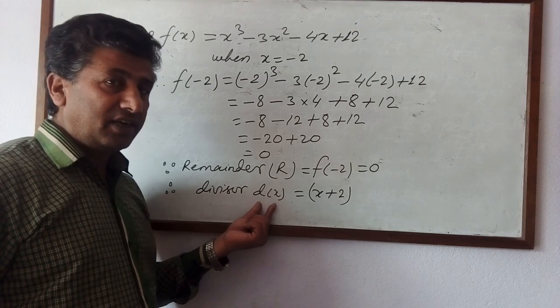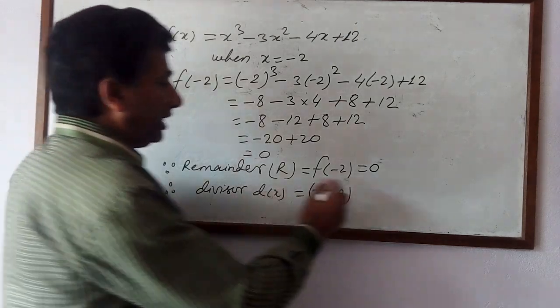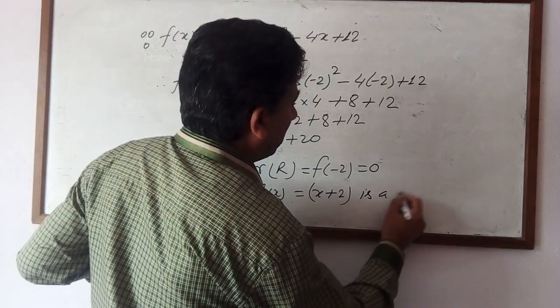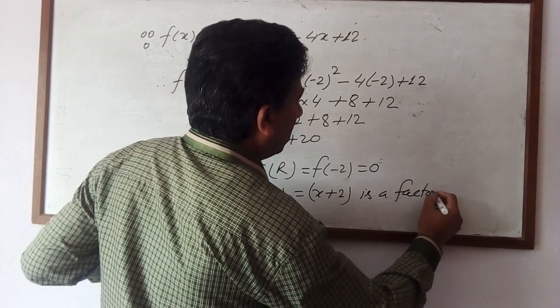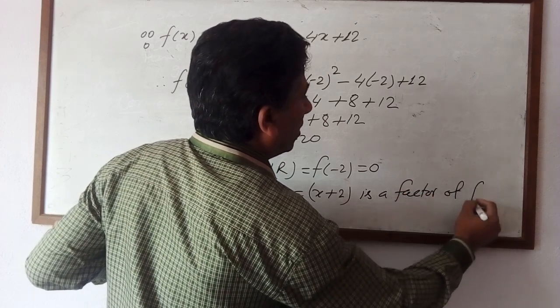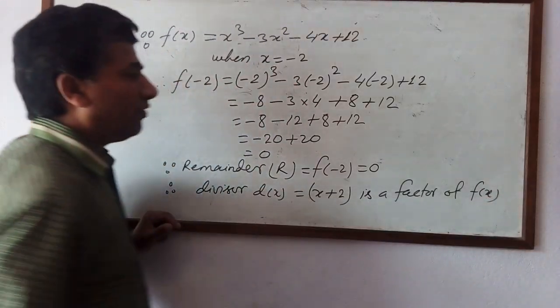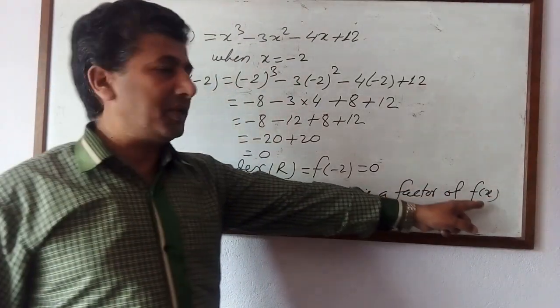Why is x plus 2 a factor? Because it is the divisor, and the remainder is 0. So x plus 2 is a factor of the given polynomial f(x). This is the proof.